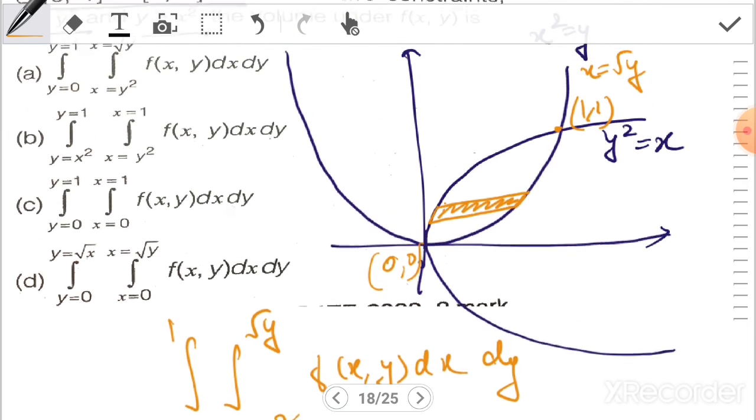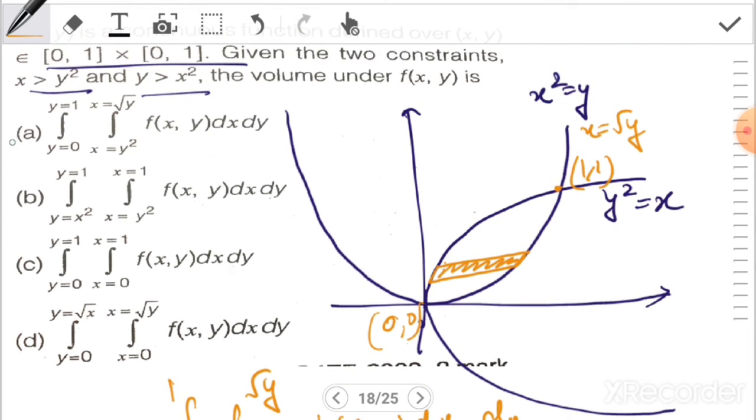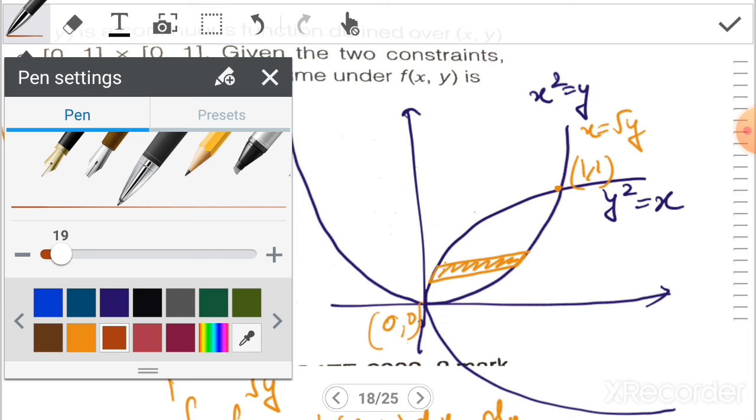So A is the answer. Okay, let us go to the next problem.